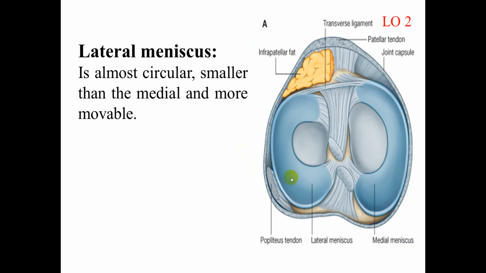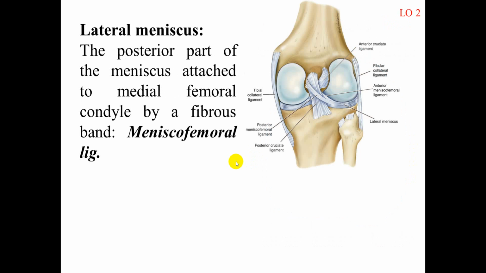The lateral meniscus is smaller, almost circular, and more mobile than the medial. The cause is that the medial meniscus has a firm attachment to the medial collateral ligament, but the lateral meniscus does not. The posterior part of the lateral meniscus is attached to the femoral condyle by a ligament called the meniscofemoral ligament.